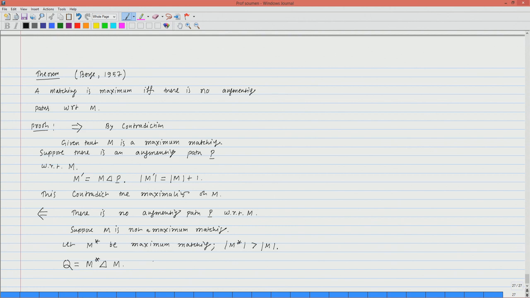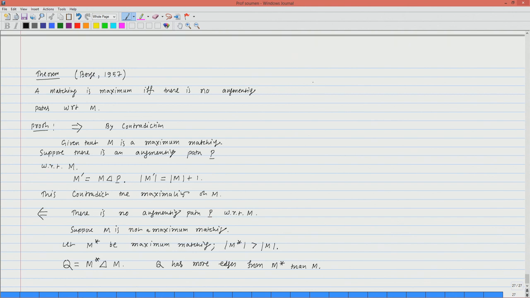And so, since M star is bigger, Q has more edges from M star than M. This is okay.